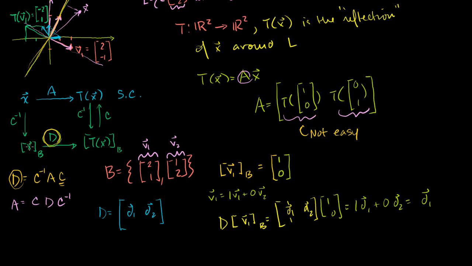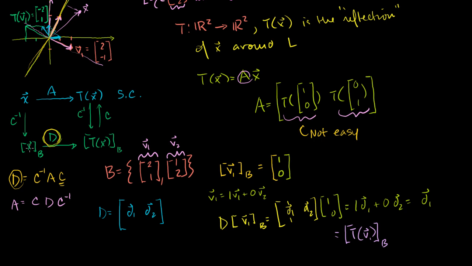If I multiply D times the B coordinate version of x, I've just gotten the B coordinate version of the transformation of x. So this is going to be equal to the B coordinate version of the transformation of v1. Right?